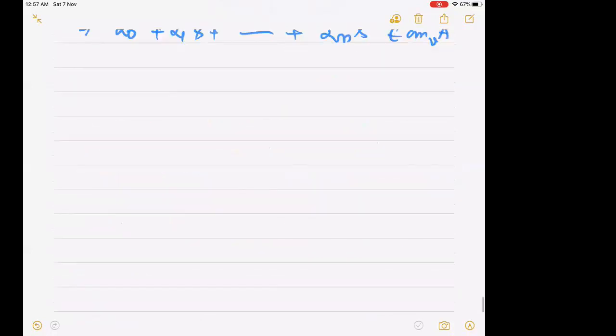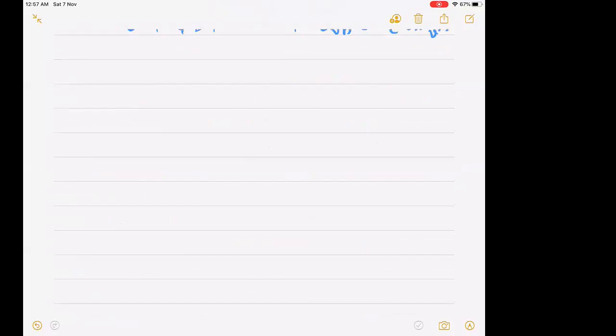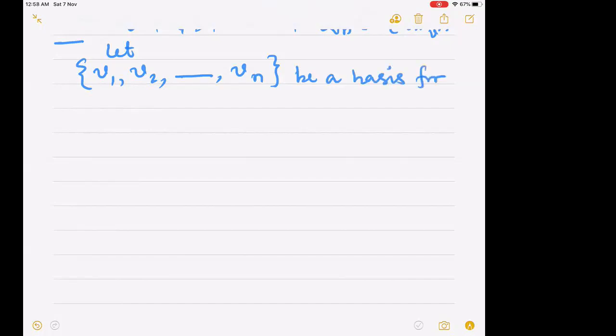Now here is the thing. Say v1, v2, up to vn is a basis. So let this be a basis for the vector space V. So there will be a mu v1, a mu v2, and so on up to mu vn.